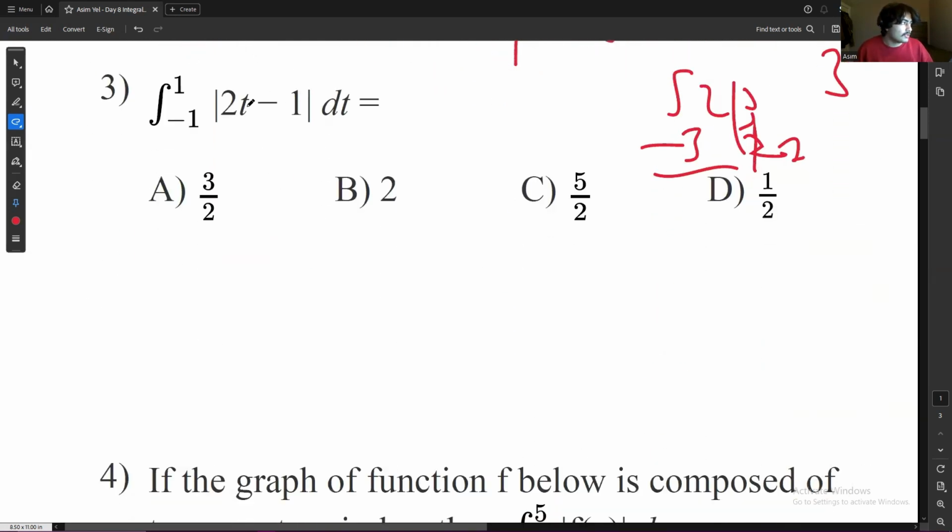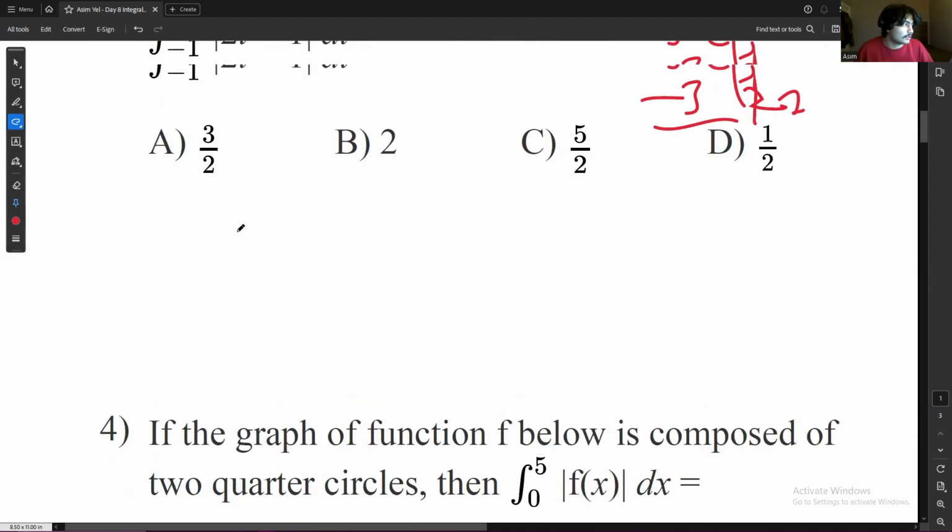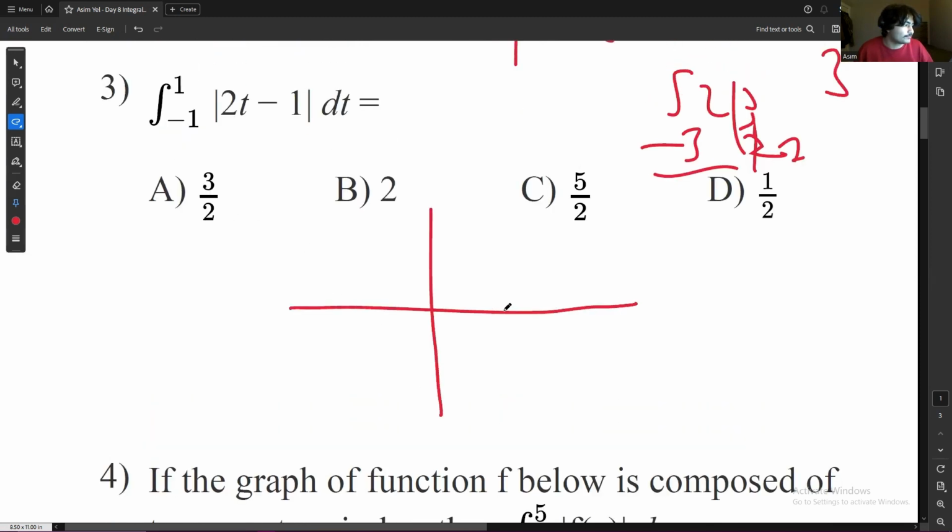Okay, so we're just changing the variable to t. It's no different than the other one. So over here, let's just say t is equal to 1 over 2. And we're asked to solve from -1 to 1.